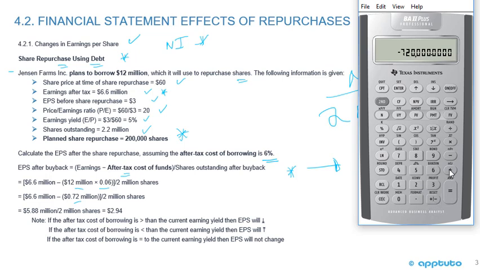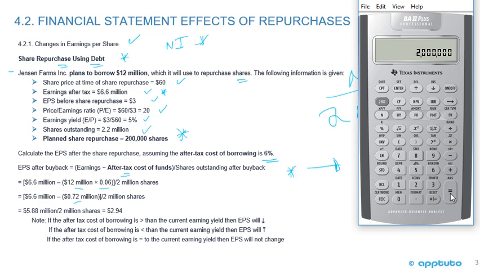Okay, if I make that a negative, and I add back the 6.6 million of earnings before the issuance of the debt, and you can see it's going to be 5.88 million.